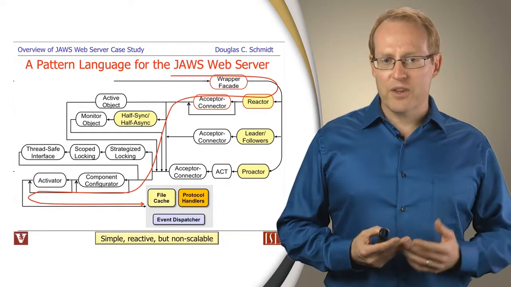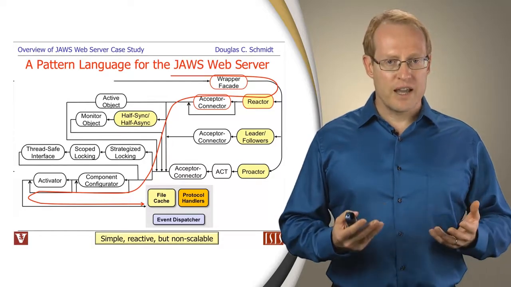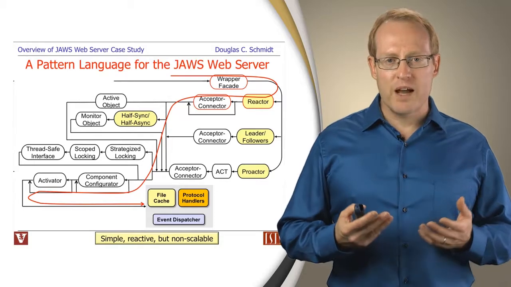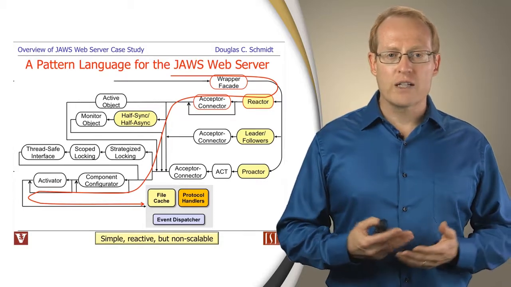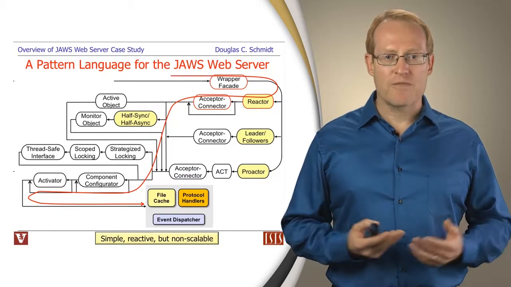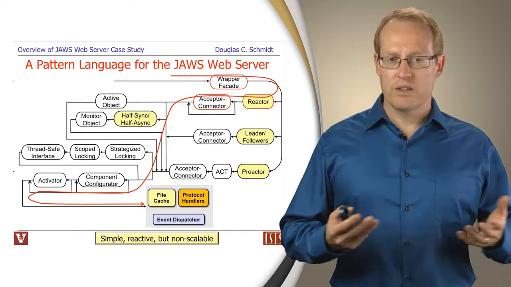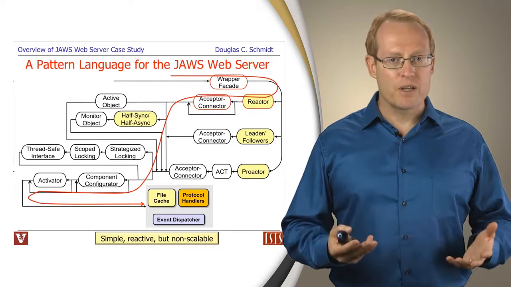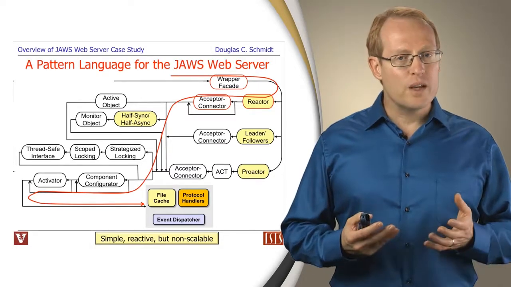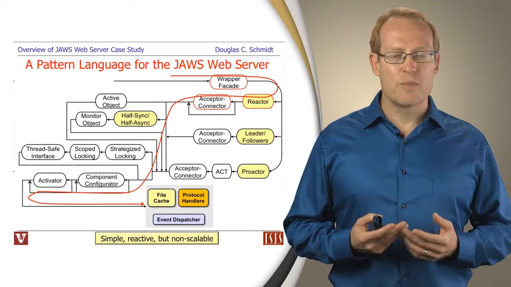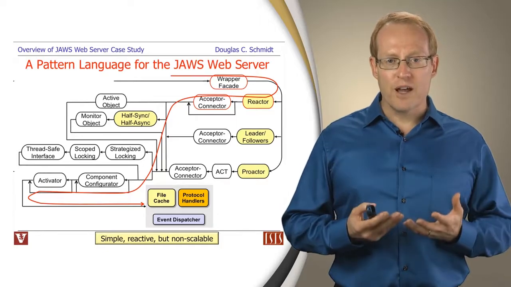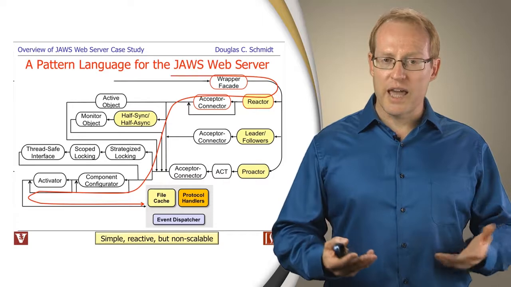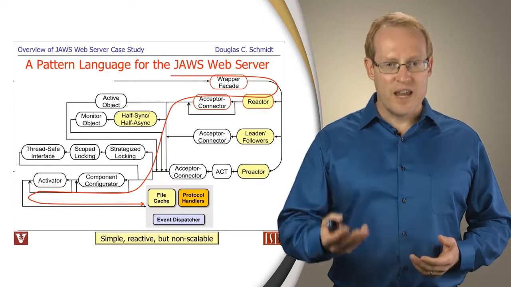The first path through our pattern language looks like this. We use the wrapper facade pattern to provide a portability veneer on top of whatever operating system platform we happen to want to run on, be it different versions of Windows, different versions of Unix, different real-time operating systems, and so on. We then apply the reactor pattern to handle the arrival of events from multiple sources, multiple clients, connection events, data events, and so on.